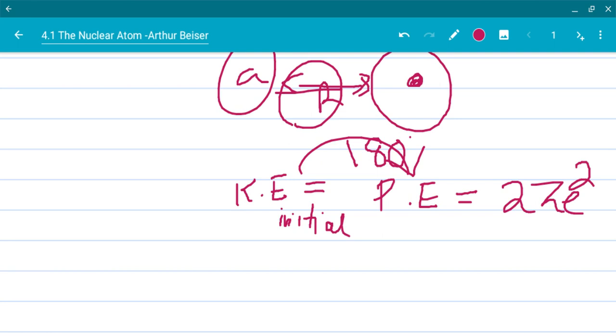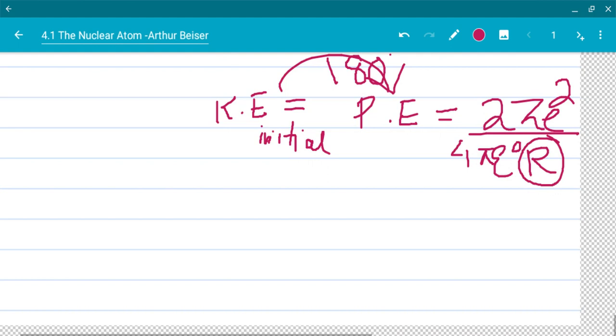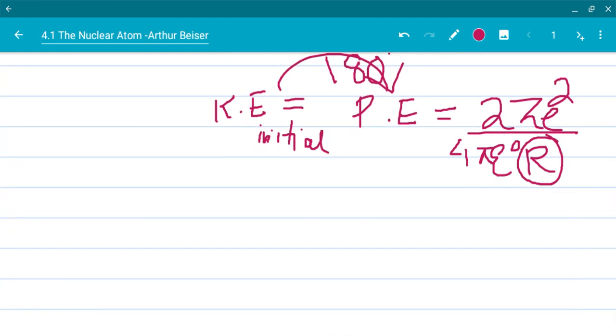So it is going to be 2Ze² over 4πε₀r. Now I need to work out the distance r. Let me first readjust it, and then I'll provide you some values which we already know that will help you to find the distance of closest approach.